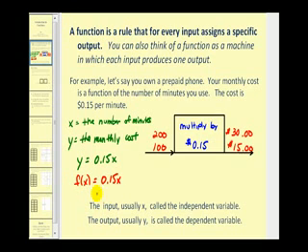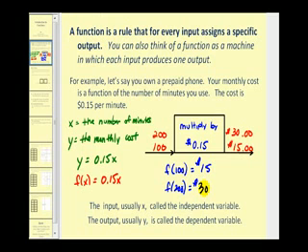So relating this notation to what we were saying earlier about the input being multiplied by 15 cents to produce the output, we could say that f of 100, meaning 100 is the input into the function, would be $15. And f of 200 is equal to $30.